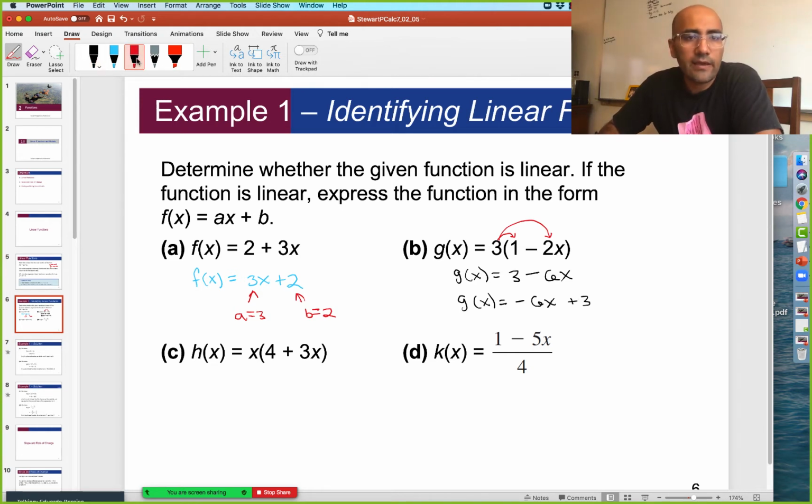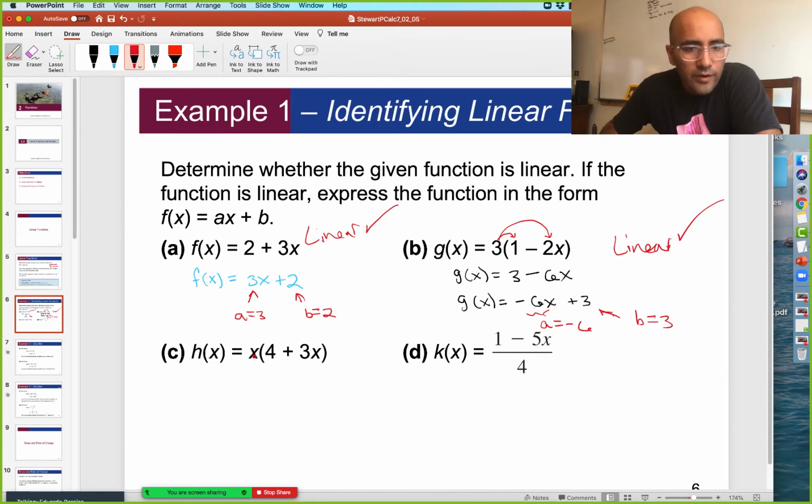And again, we have that this is my a, equal to negative 6, and the b equals 3. So these are both linear. Good.